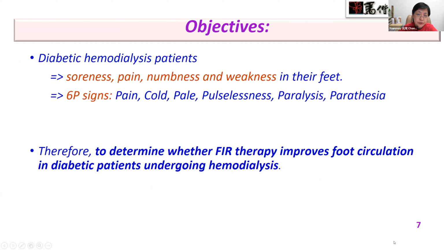So my objective: most diabetic hemodialysis patients complain of soreness, pain, numbness, and weakness in their feet. Insufficient blood supply to tissue causes abnormal neuropathy, numbness, and a tingling sensation in the feet.